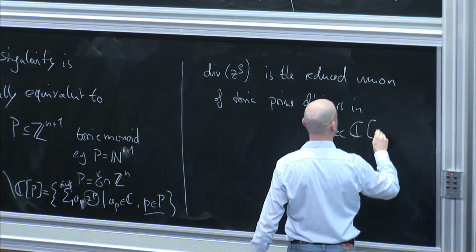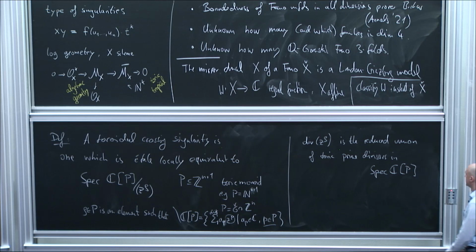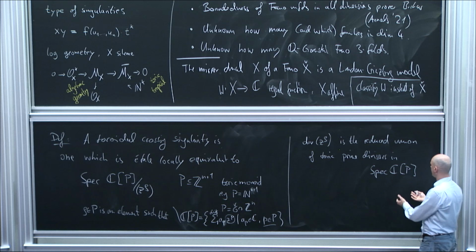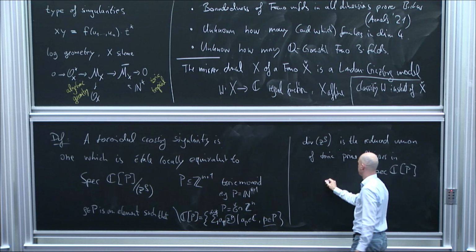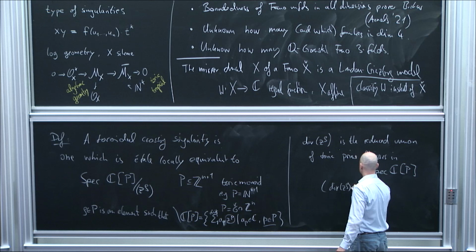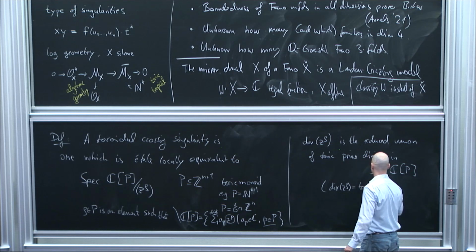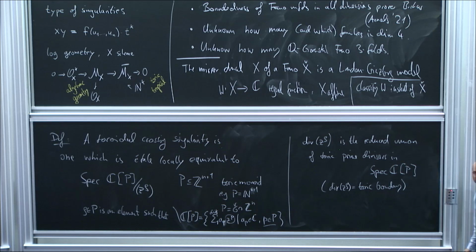So when you form this monoid algebra, that's an affine toric variety, and it has a toric boundary, and you want this principal divisor to give you the toric boundary. This is another way to say it: div of z^rho equals the toric boundary. Such an element doesn't exist in general.